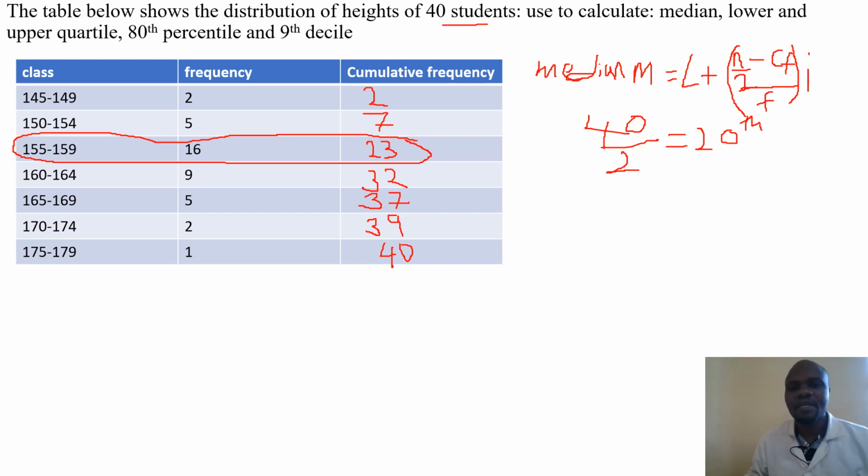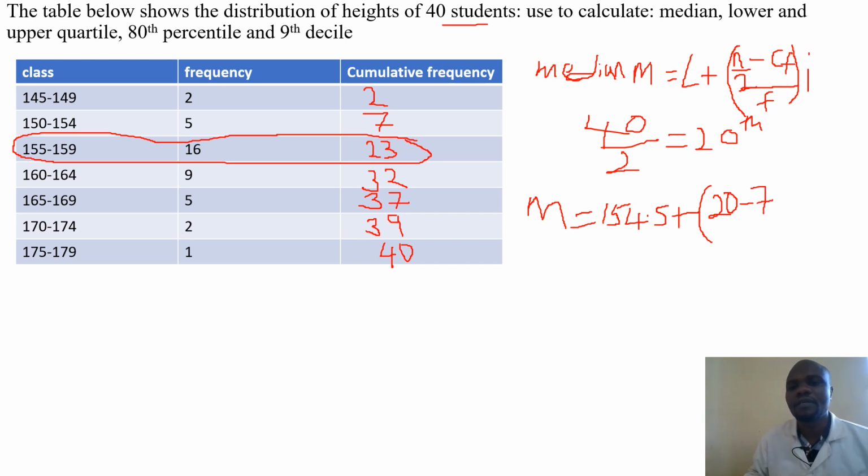Being our median class now, we can get the median of our data. The lower class limit of this class is 154.5, and we add to it the position, which is 20, then minus the cumulative frequency above the median class, which is 7.